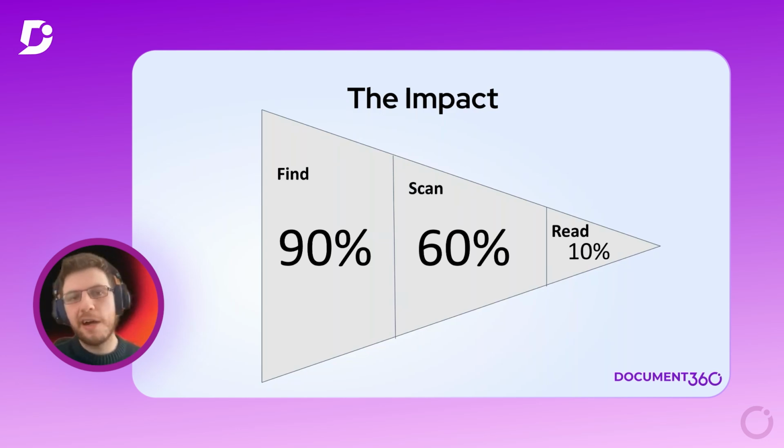So by focusing on the elements that affect all or most of the users, you're driving much higher impact and much larger improvements quicker. Everyone has to find your docs, everyone has to scan through them, maybe just not on every page. And then task success is driven by the read, but that's always the last stage. So it's truly the last thing that you focus on.